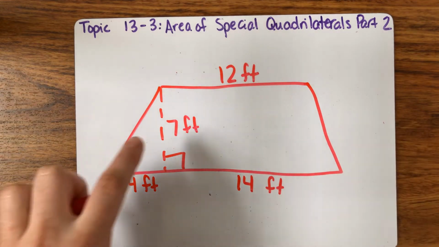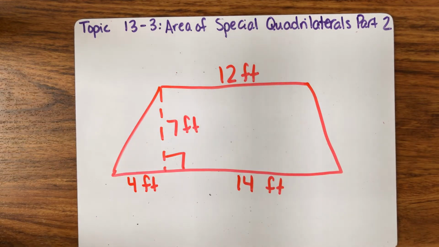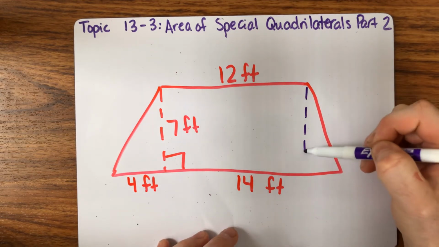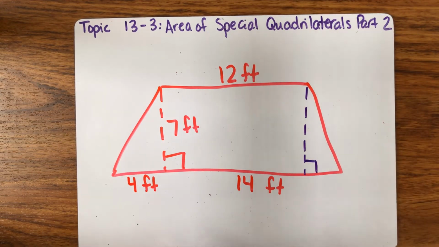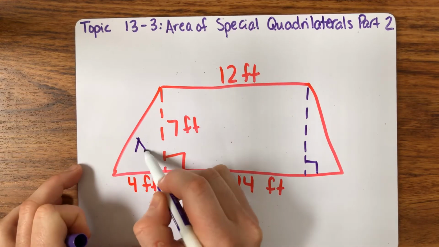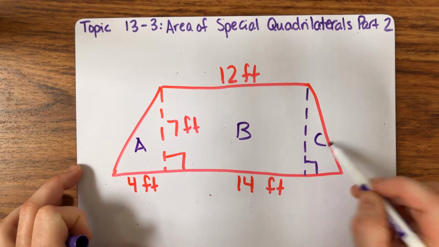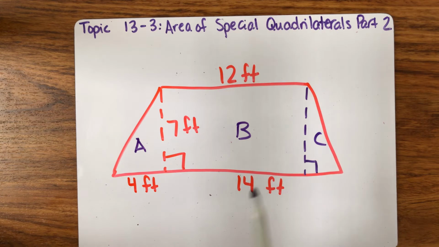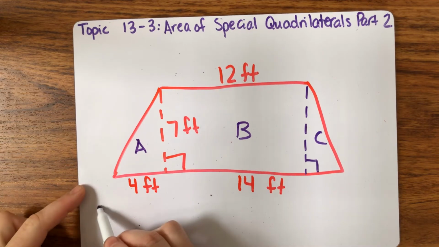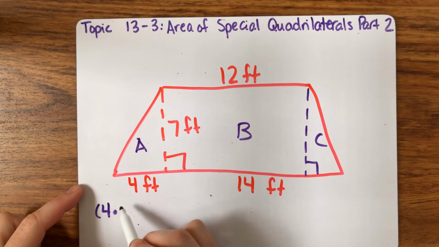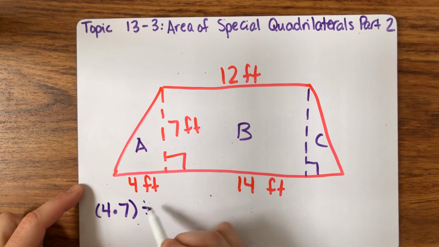So again, I see a triangle and then I see a trapezoid shape. I know I can break this trapezoid shape into another triangle. All right, so I'm going to label them A, B, C, just to keep myself organized. So for A, the base is 4, the height is 7, and then I divide that by 2.